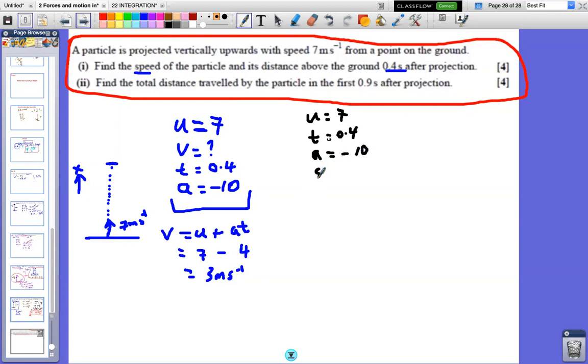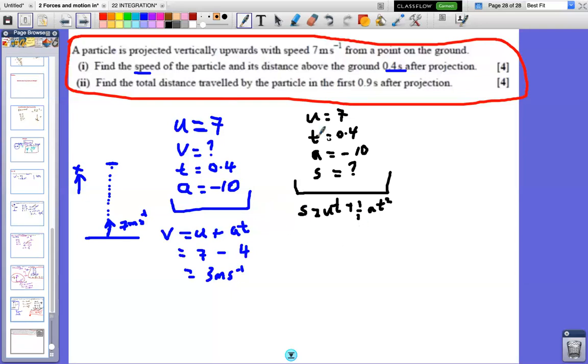And S is what we are looking for. Which equation do we use here? S equal UT plus half AT squared.